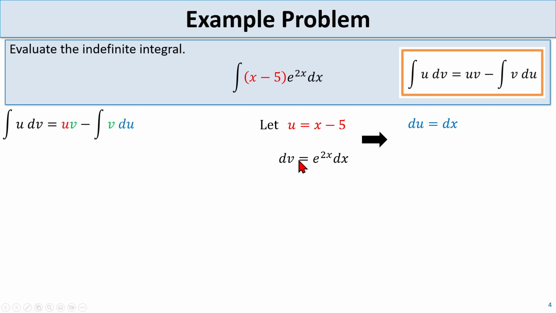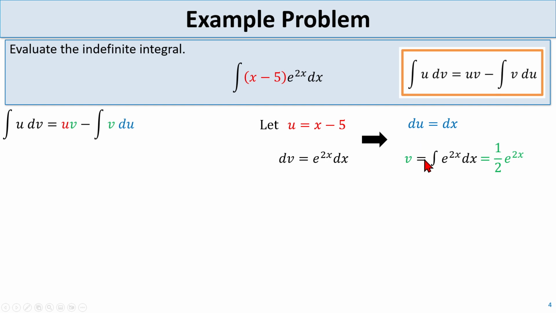To find v, you need to integrate dv. So in this case, we're going to integrate e to the 2x. And remember, the integral of e to the kx is 1 over k times e to the kx. So the antiderivative in this case will be 1/2 e to the 2x. You could formally prove that using the method of substitution.